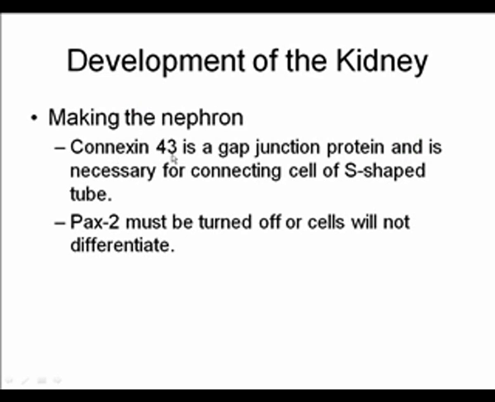When we talk about the junctions, connexin 43 is a gap junction protein, and it connects the cells of the nephron. And then PAX2 has to be turned off so that these cells will differentiate.